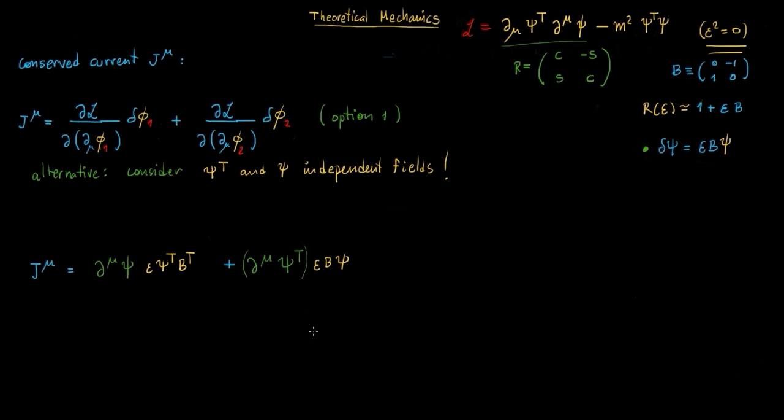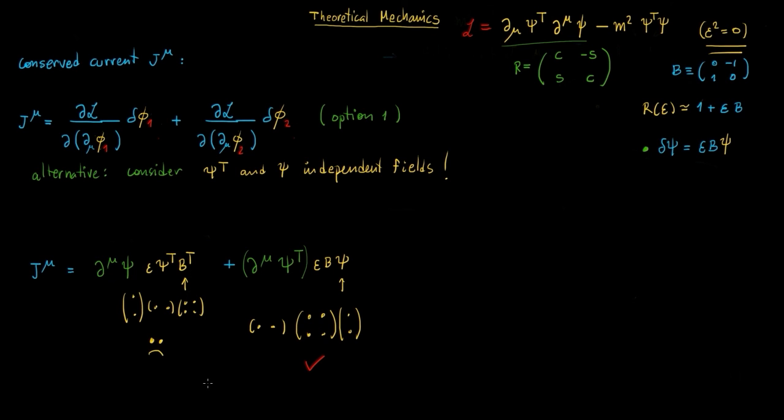Okay, before we continue, we have to check if we have placed the terms correctly in the right order. Psi is a column vector, B is a 2 by 2 matrix, and the transposed derivative is a row vector. So this term is going to give a number, okay? However, in this case, we have a matrix, a row vector, and a column vector, and this doesn't give a number.